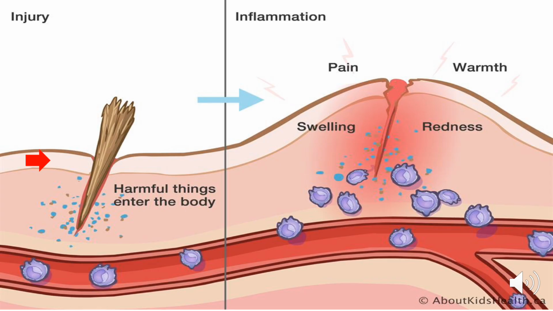Pointed by the red arrow is the epidermis. The epidermis of the skin is composed of several layers of cells which can prevent the entry of microorganisms into our body.